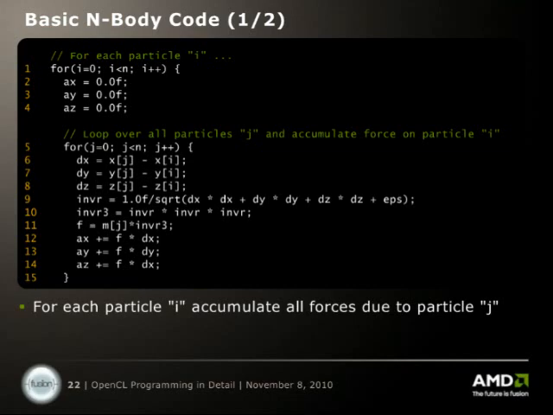The variable eps is there only to keep the particles from getting too close together. So it's really a numerical trick that keeps particles away from each other.